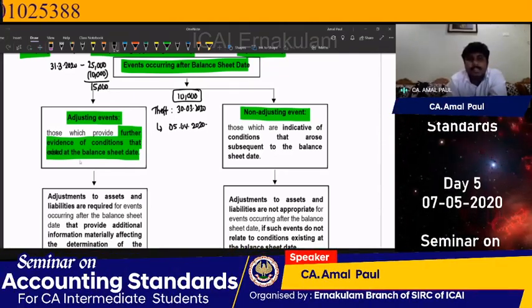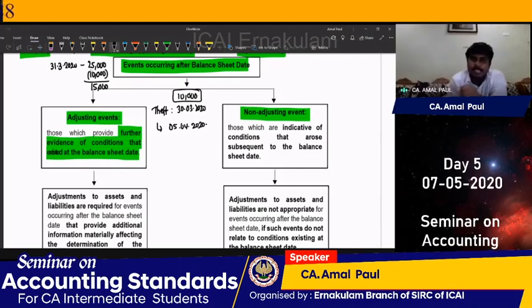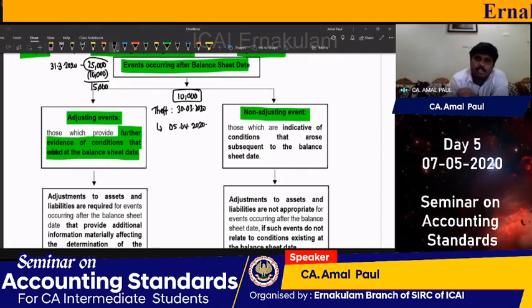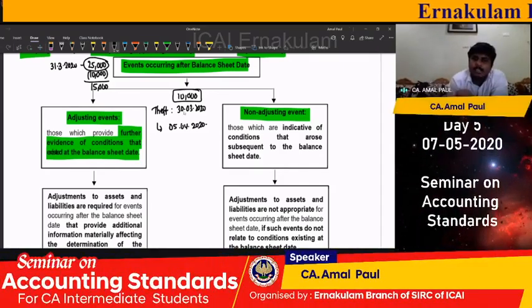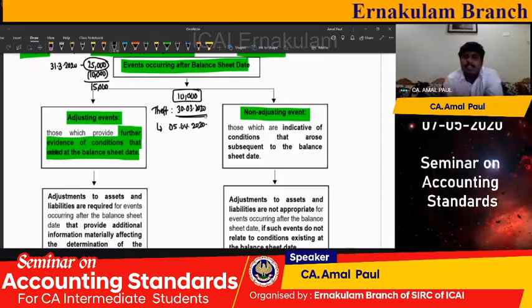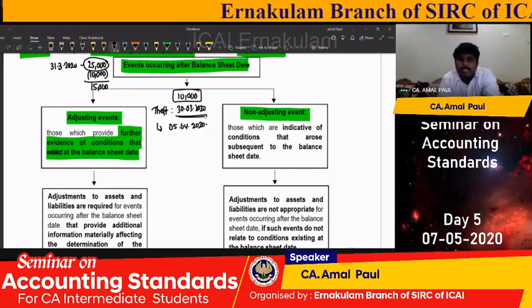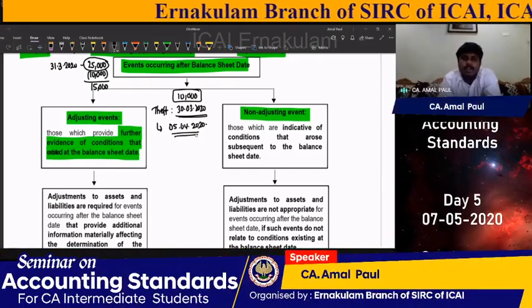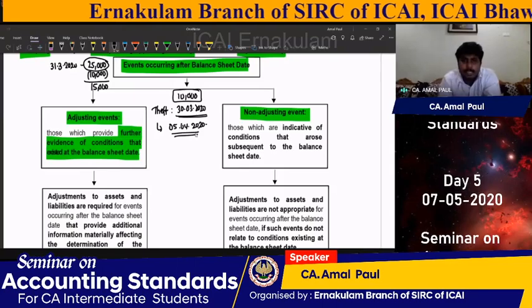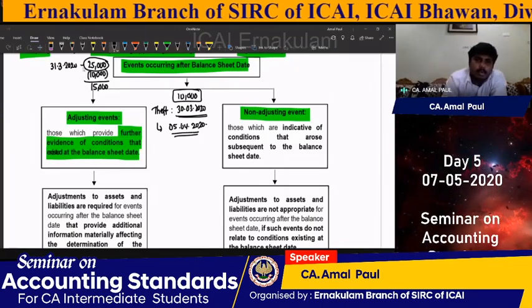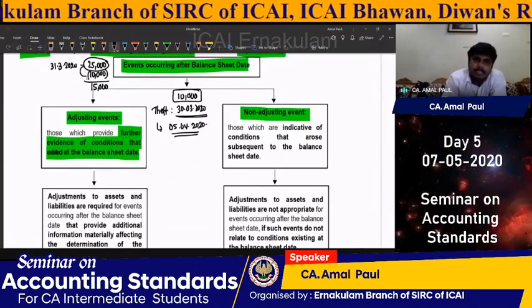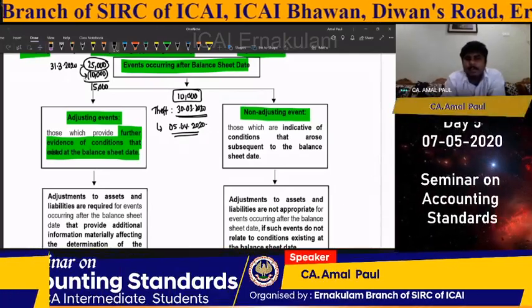This is the condition existed at balance sheet date, but your book shows 25,000. Why? Because we did not know about this theft, right? This we had identified on 5/4/2020. In order to reflect the actual balance, we will account for this theft.